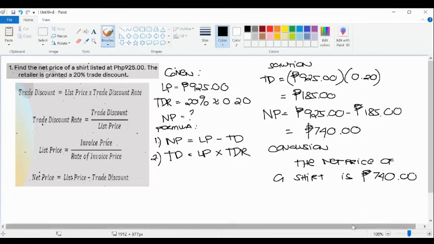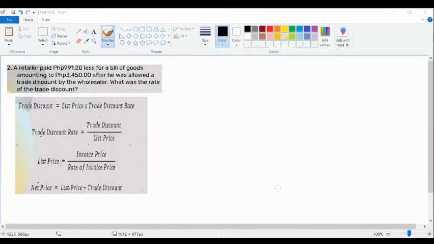Example number two, a retailer paid 991 pesos and 20 centavos less for a bill of goods amounting to 3,450 pesos after he was allowed a trade discount by a wholesaler. What was the rate of the trade discount? So based on this problem, we have the given of trade discount that is equal to 991 and 20 cents.